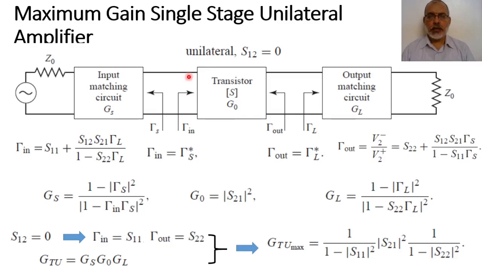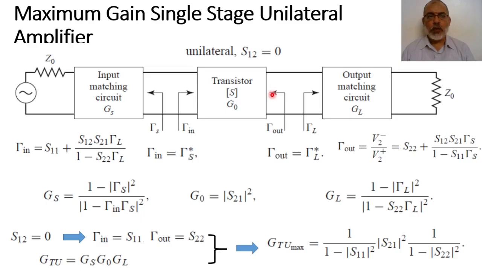So, assuming that the load and the source have characteristic impedance Z0, which is the same as the Z0 of the transistor, or the Z0 which has been used to calculate the S parameter of the transistor, it is required to introduce an input matching network and an output matching network to make the reflection coefficient seen from the source conjugate to the reflection coefficient seen at the input port of the transistor, and to make the reflection coefficient seen from the load conjugate to the reflection coefficient seen from the output of the transistor.